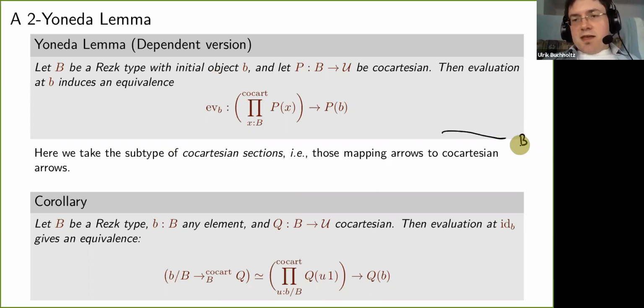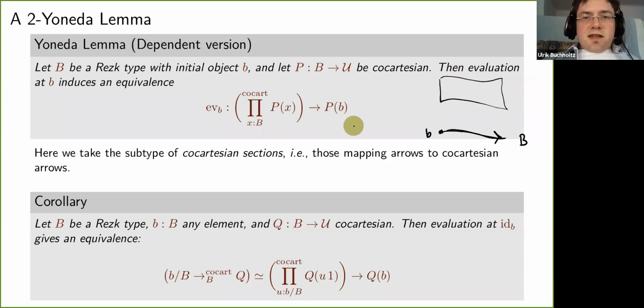So here B has an initial object. So I'm going to draw it all the way to the left and think of B as sort of directed out from little b. And then I have a co-Cartesian family. And this means that if I have any lift over the initial point, well, then for any point, I always have the unique arrow given by initiality.